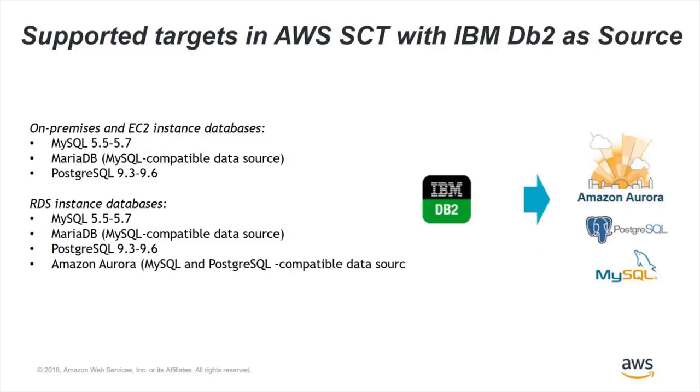When it comes to the Schema Conversion Tool, you can do the code conversion from your IBM Db2 database to Amazon Aurora, which is MySQL and Postgres compatible, or you can go to an RDS Postgres, MySQL or MariaDB instance.